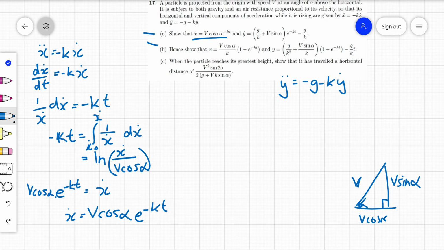If I'm doing y double dot, just remember that that is the same as d y dot on dt. I might put the minus outside a bracket to make it easier. Again, I'm doing two things at once. The right hand side from 0 to t will just be t.